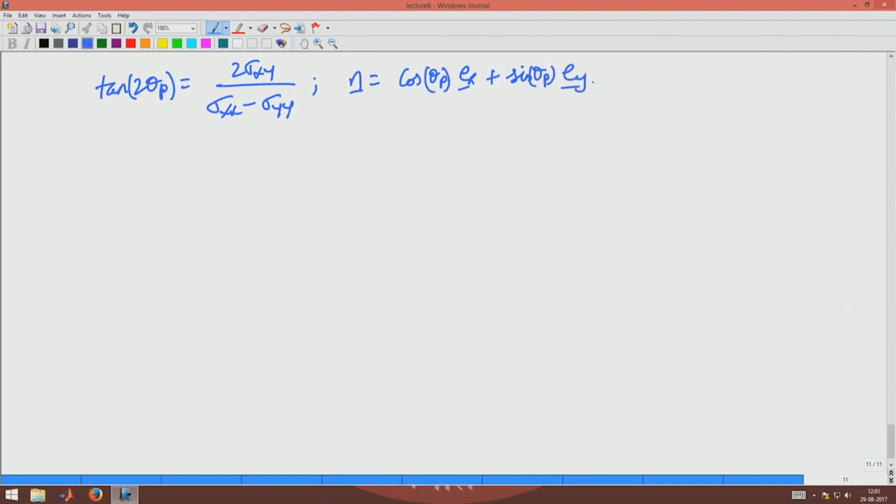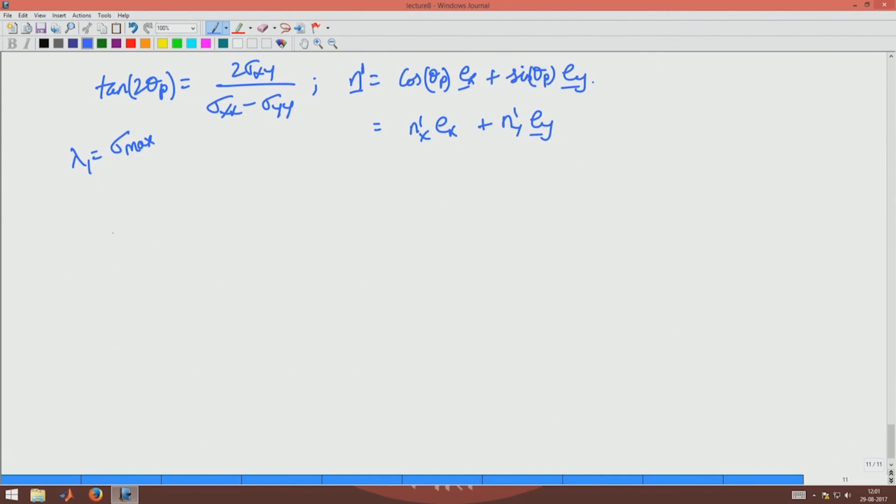This normal is n1; in other words, n1x Ex plus n1y Ey, if you substitute lambda 1 equal to sigma max.